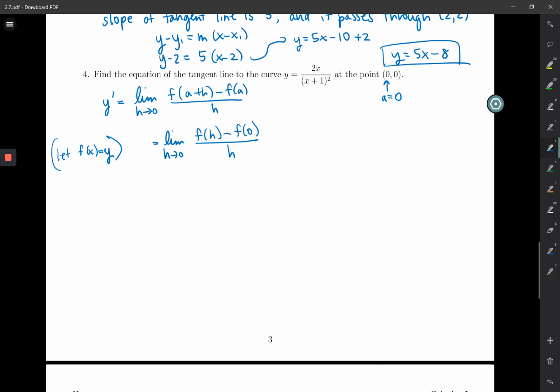Okay, so now that I've got all that, I just need to use the formula that we're given. Okay, so I would get 2h over h plus 1 squared, and then if we plug in 0, we get 0, which we already know from the fact that this lies on the curve.